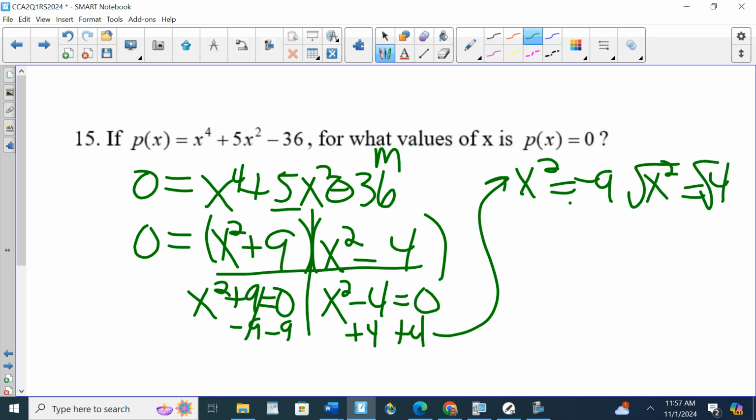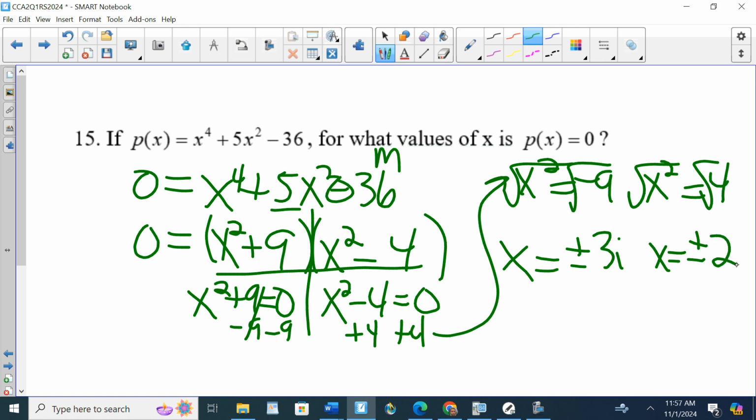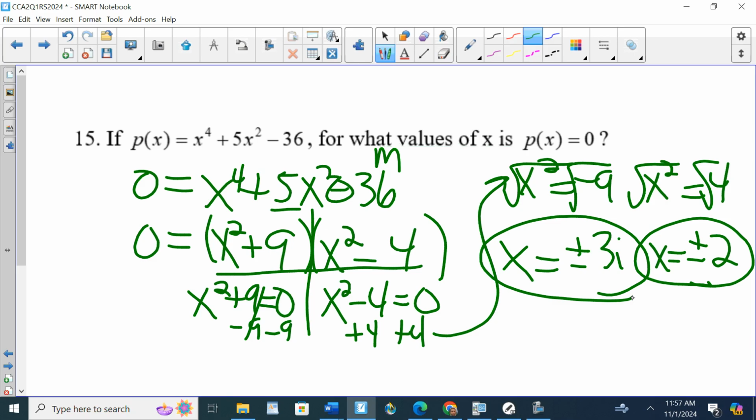Square root, square root, square root, square root. When you take the square root, it's plus or minus. The negative becomes an i, 3i, x equals plus or minus 2. There's no i for the 4 because there's no negative inside the radical. There are your answers.